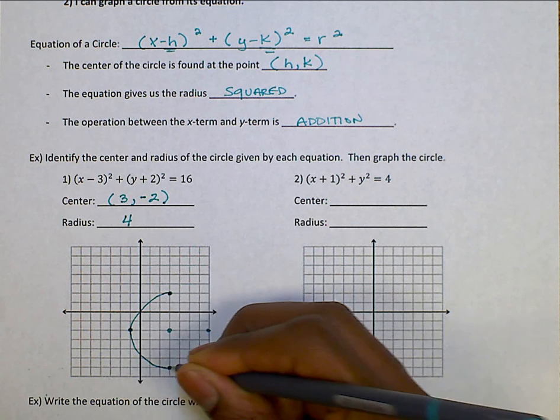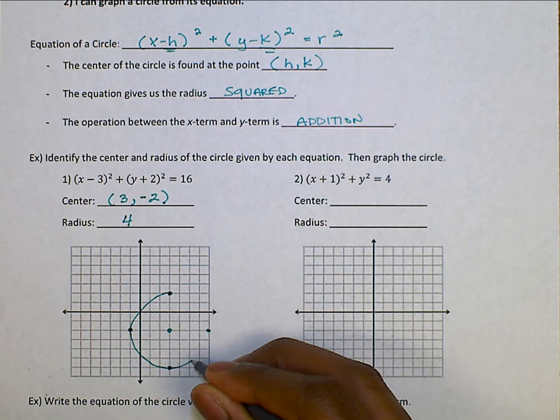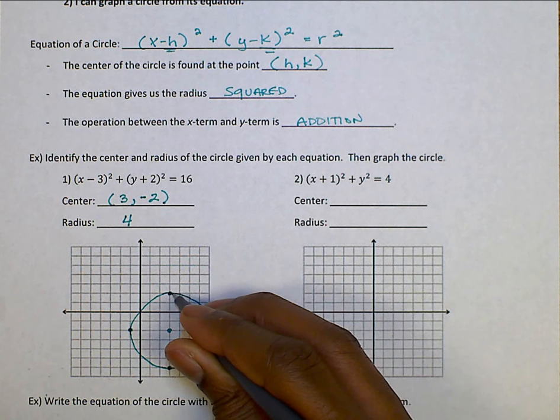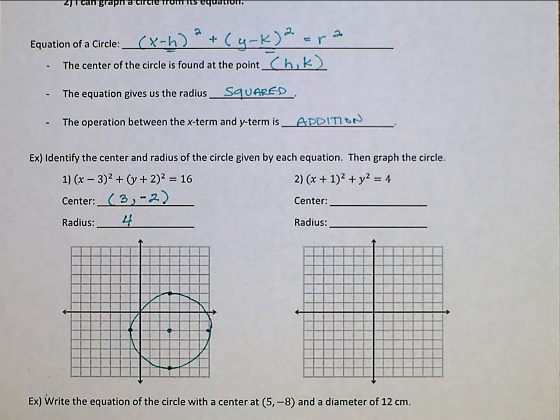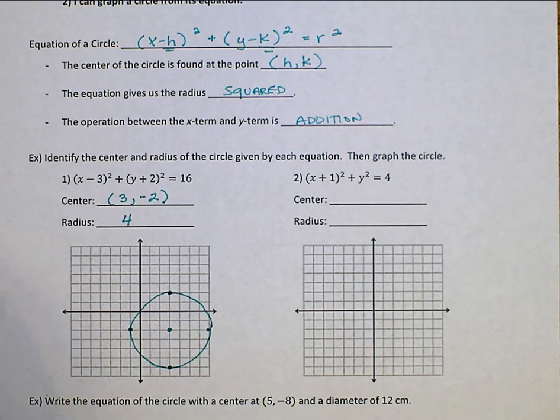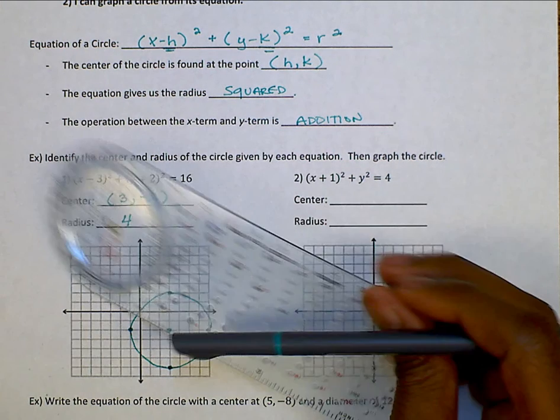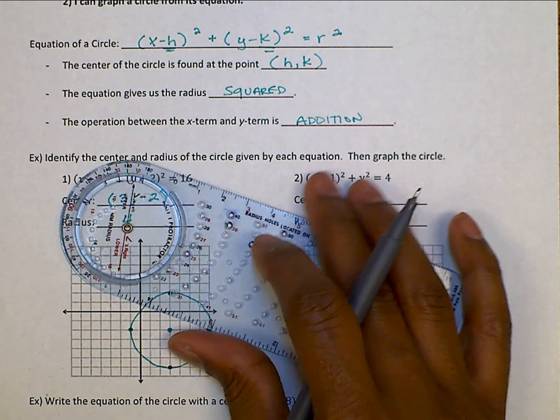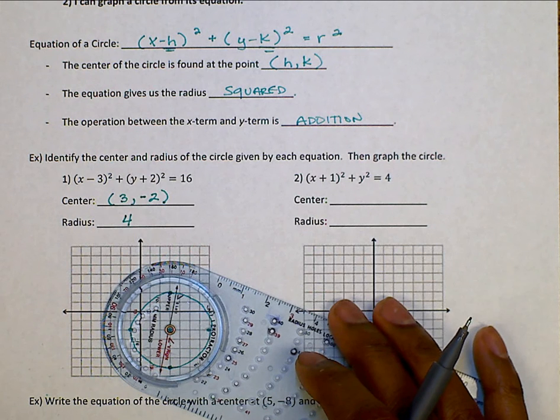You can just kind of make your circle so that it looks like a circle. Having those points is important so that we know that I'm right or you're right, whoever's graphing it. Depending on the size of the circle, you could use your compass, find the hole that corresponds with the length, and then trace that as well.